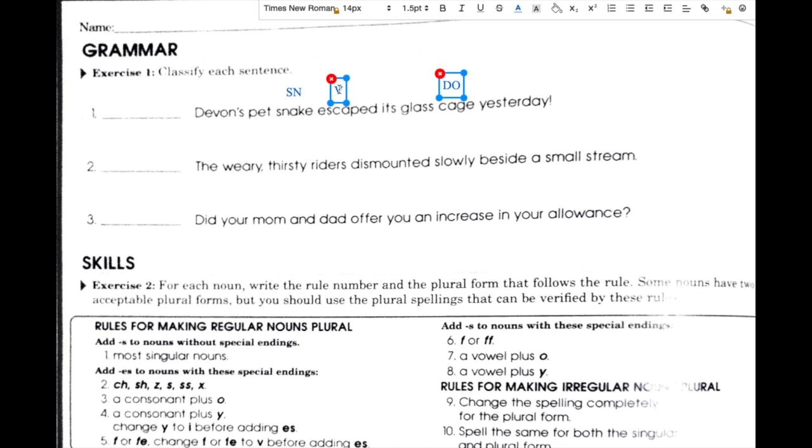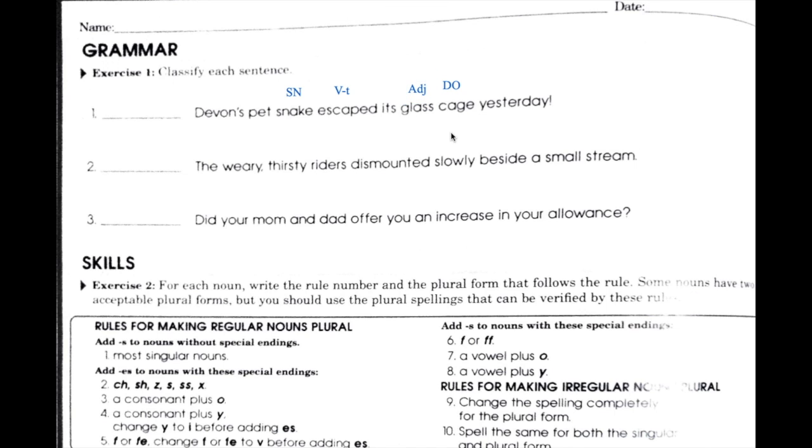Escaped, then, is the verb transitive. What kind of cage? Glass cage. So glass is an adjective. It's describing the noun cage. Whose cage? Its cage. Its is showing possession.